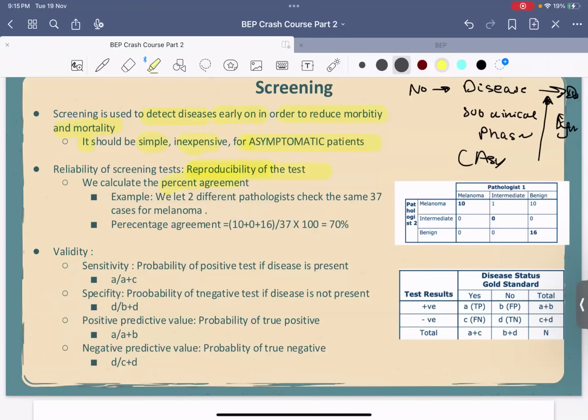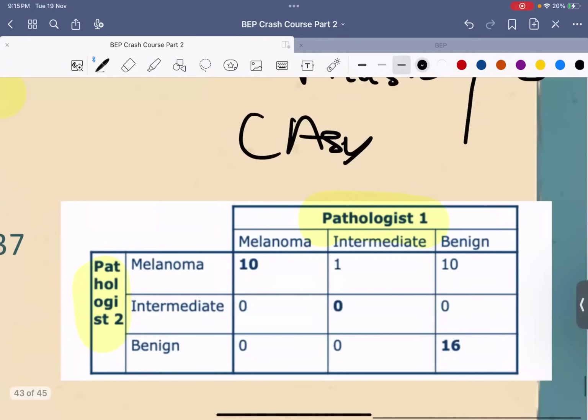So, for example, we have two pathologists, and we have three categories: either the patient has melanoma, or intermediate, or benign. We calculate the percent agreement. For example, we have two different pathologists check the same 37 cases for melanoma. For these 10 patients, both pathologists agree that they have melanoma.